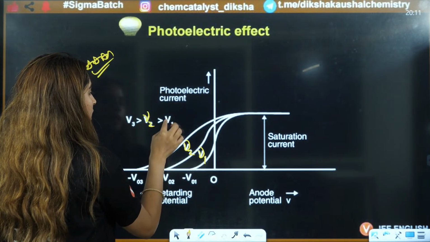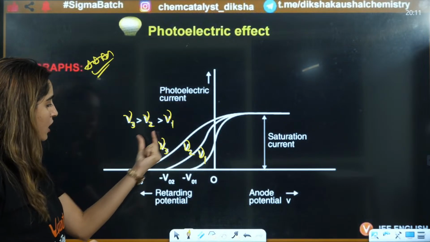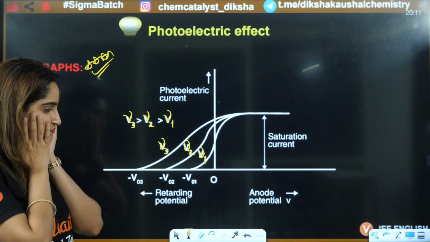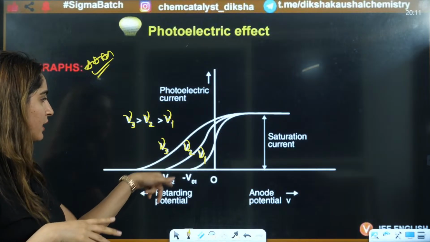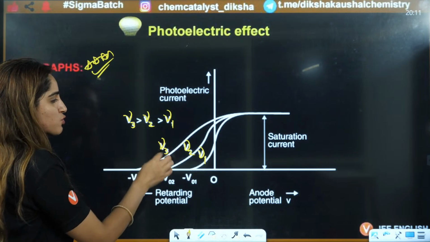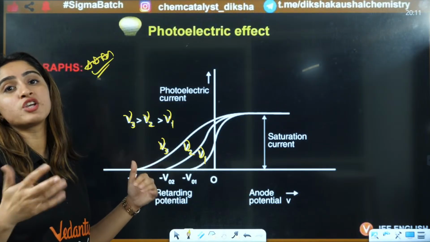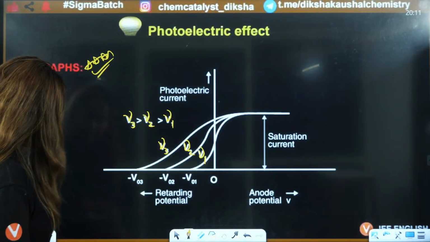In this case, the more the value of frequency, when you decrease the potential, mu3 is going to be greater than mu2 and mu1, because here more kinetic energy is needed. That's why this will be on the lesser side, right?